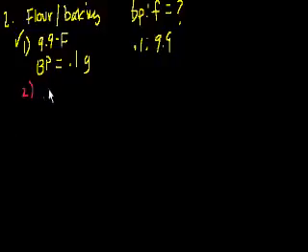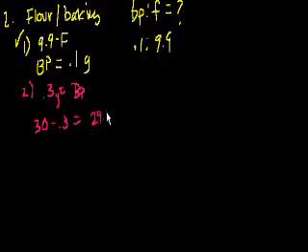So we have 0.3 grams of baking powder, and it tells us there's 30 grams of the mix. So how much flour do we have? Well, 30 minus 0.3 is equal to 29.7 grams of flour.